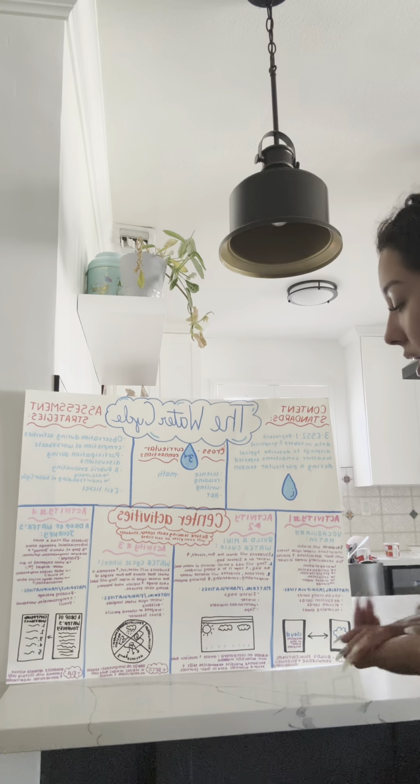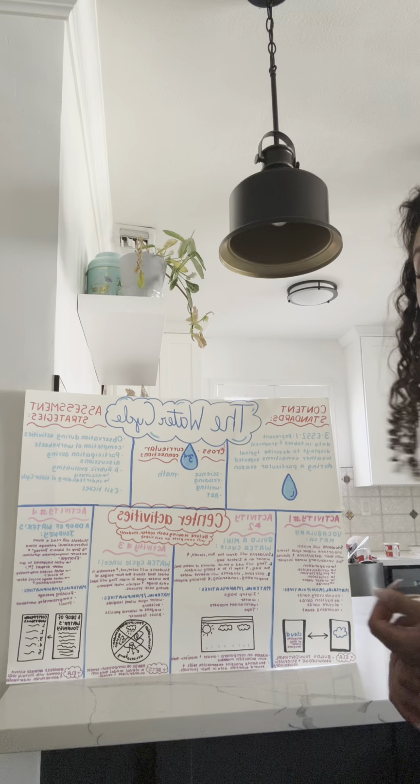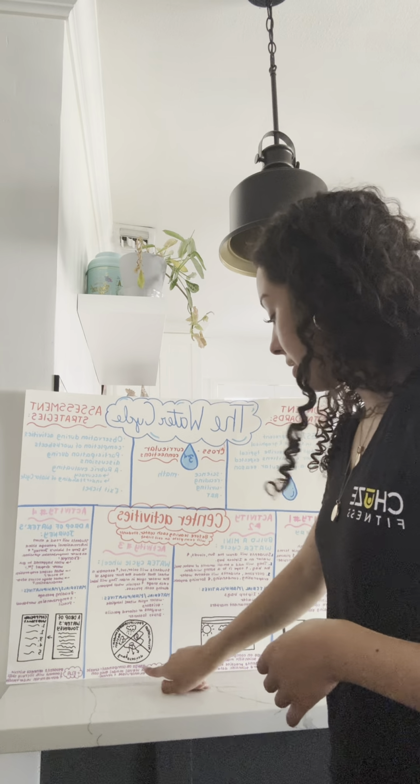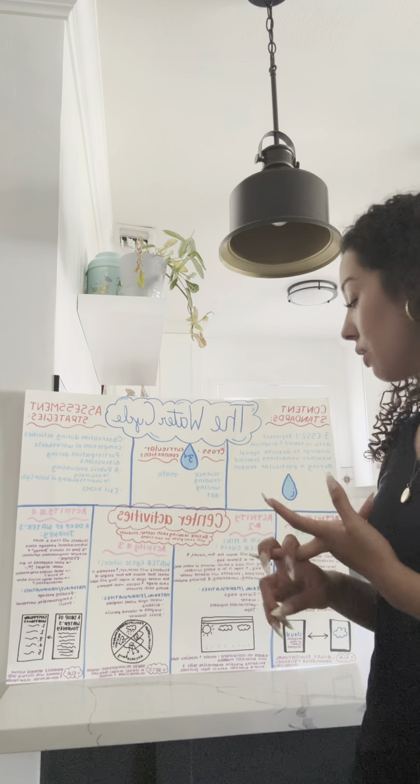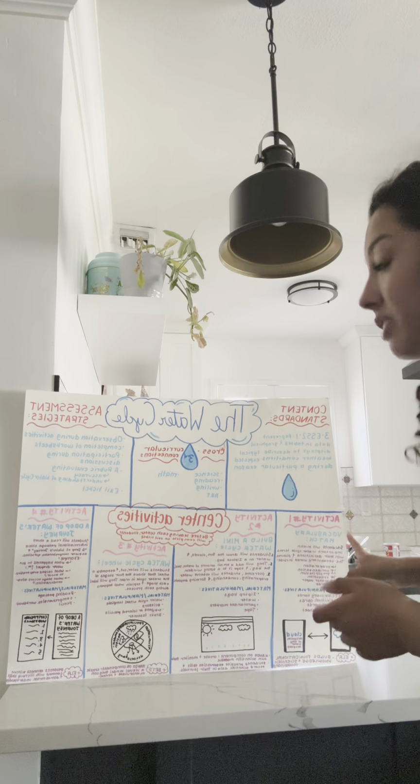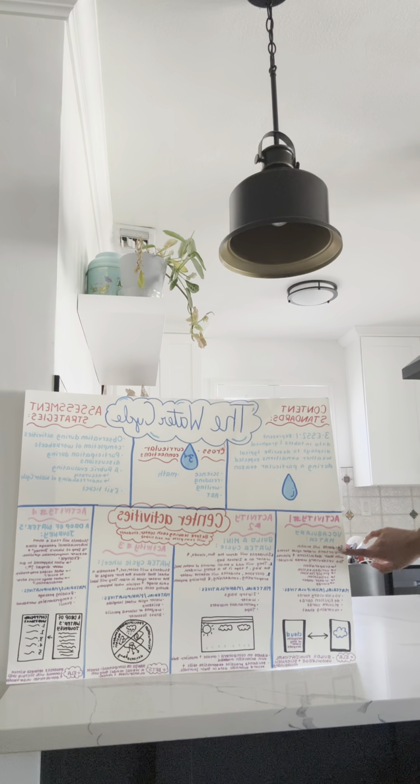On the bottom I have added the cross-curricular connection, as well as what it's meant to do, what it's strengthening within their understanding of the water cycle, or whether it has a hands-on component.